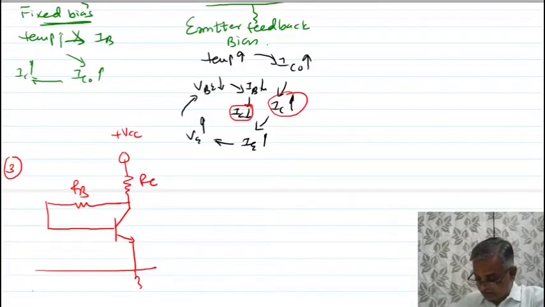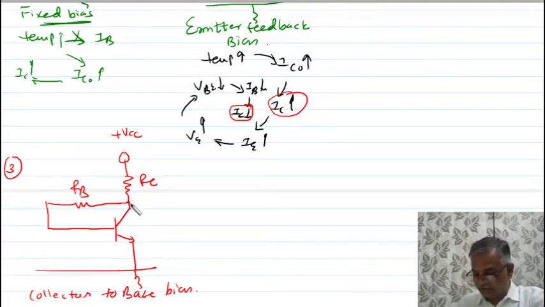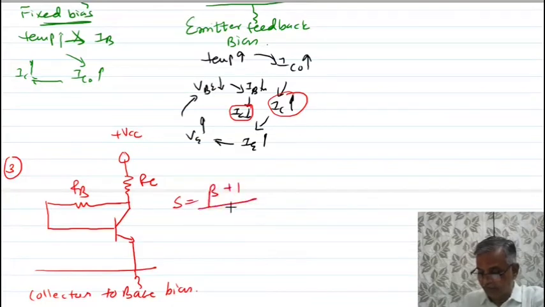This is your collector to base bias. In collector to base bias, you are giving the bias voltage to the base from the collector. The equation of the stability factor S is beta plus 1 upon 1 plus beta upon (RB by RC plus 1).